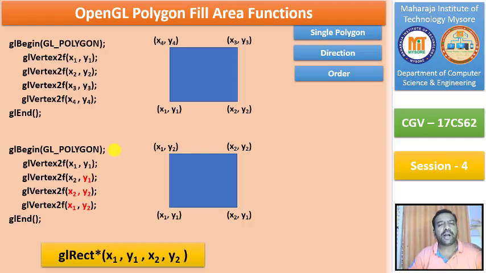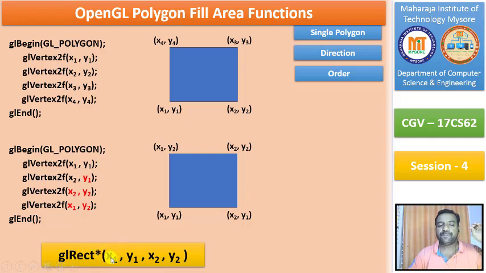Fine. You don't have any OpenGL function to draw a triangle. You don't have any function to draw any other polygon other than GLRect. GLRect is an API which is used to draw a rectangle.